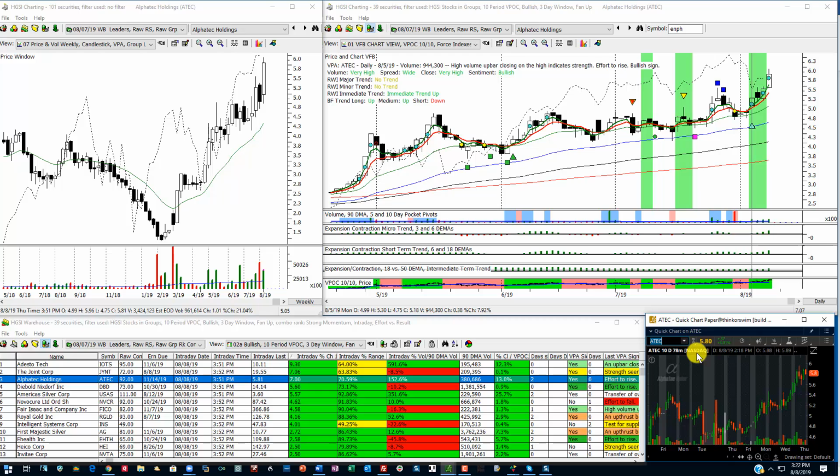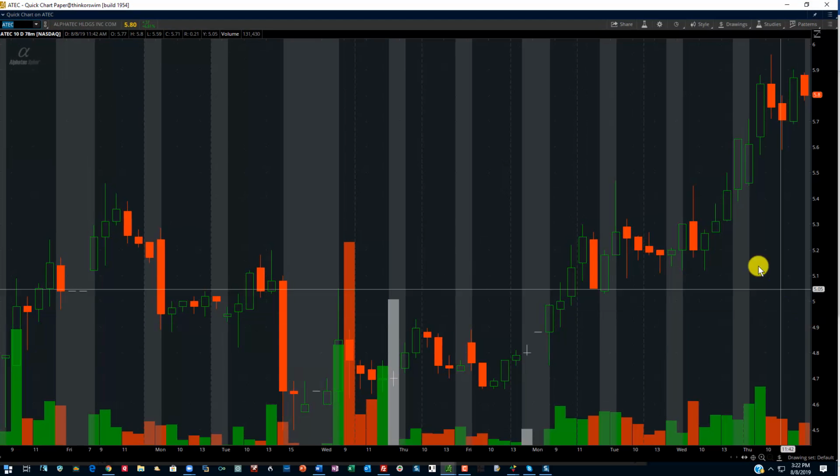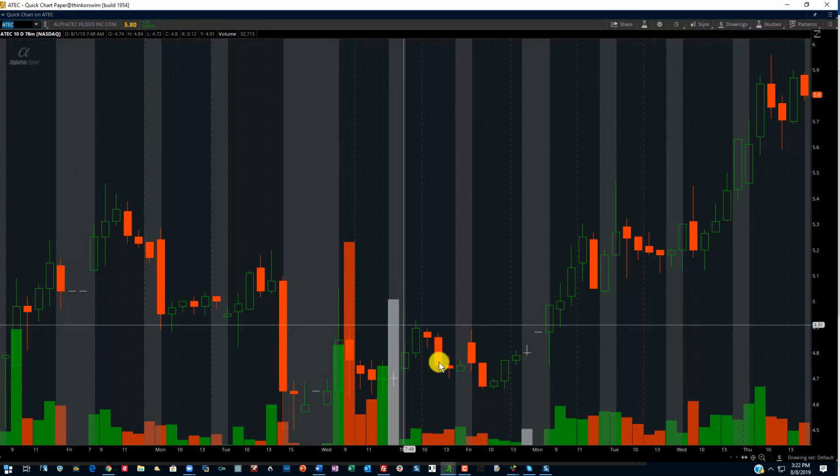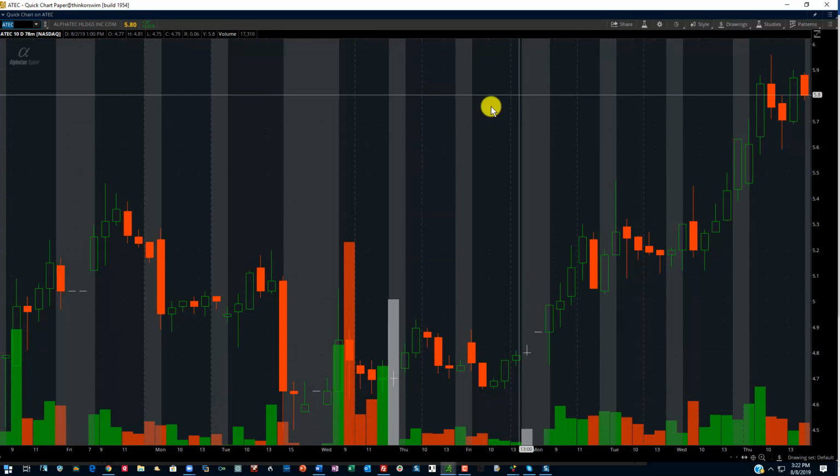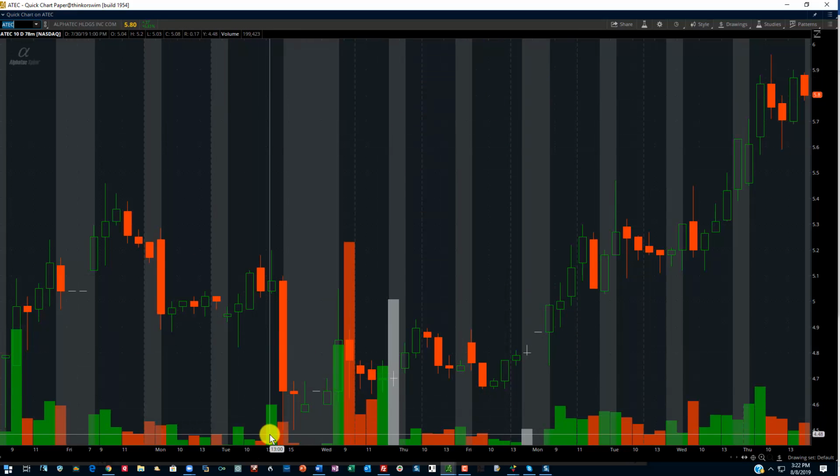If you like this concept of fractals going forward, and I think it's a very valid concept, we can spend quite a bit of time on this if you'd like to. Okay, I didn't draw anything on here, but here's a low.